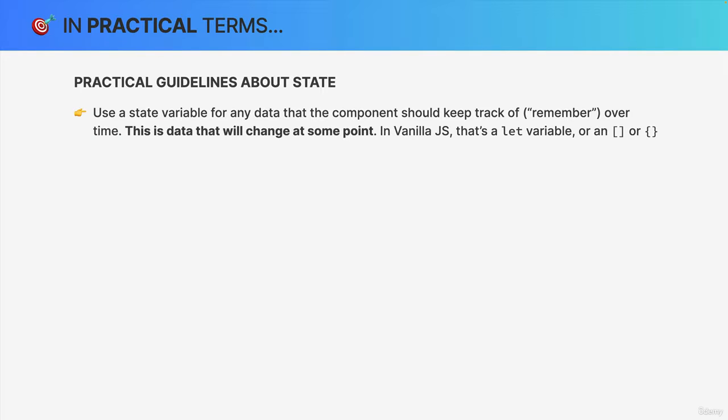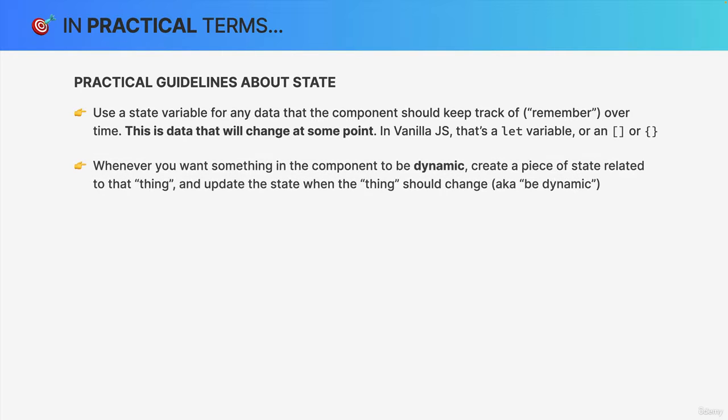Another way of figuring out when you need state is this. Whenever you want something in a component to be dynamic, create a piece of state related to that thing, and then update the state when the thing should change. Or, in other words, when you need it to be dynamic.